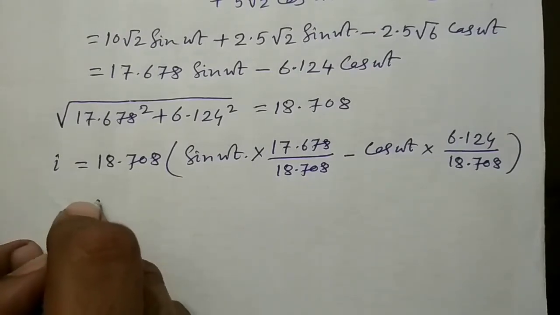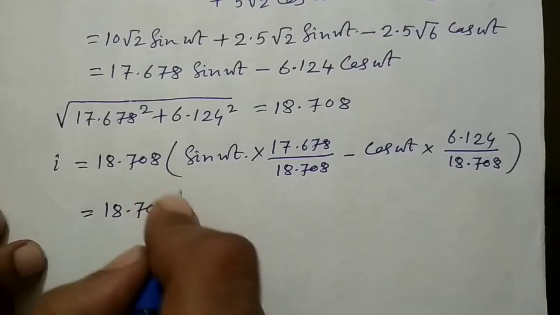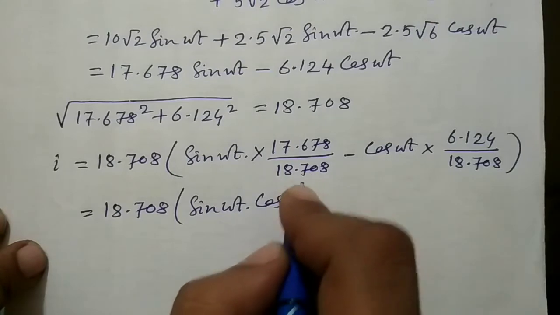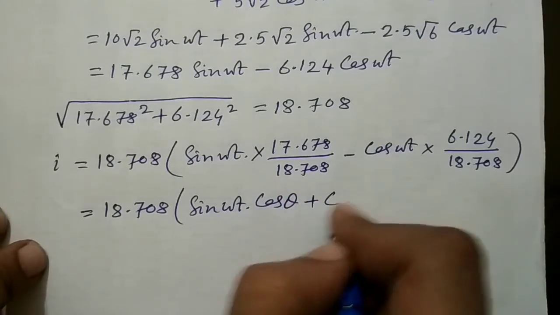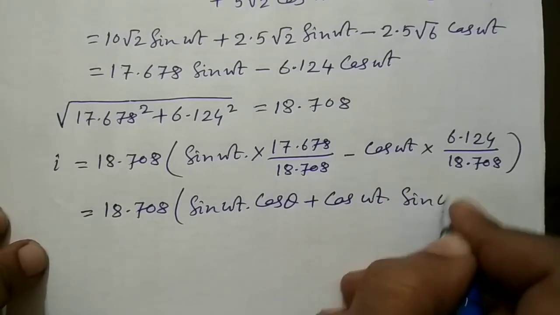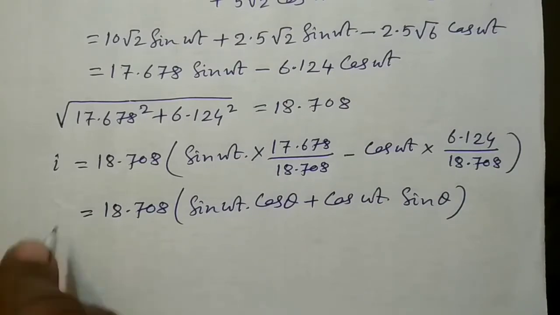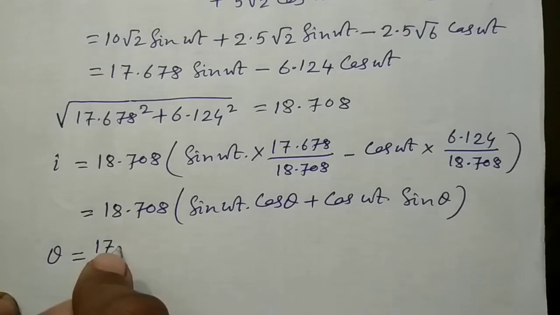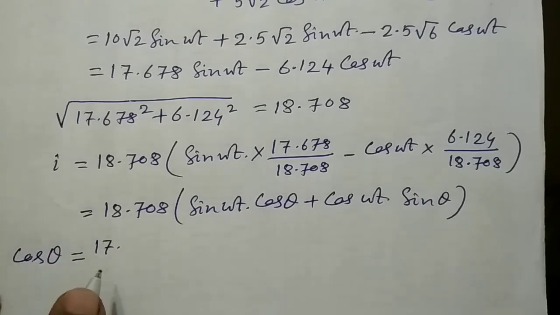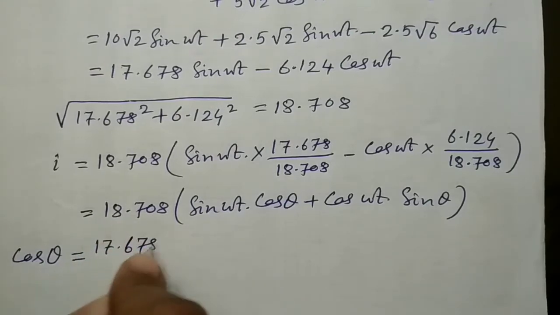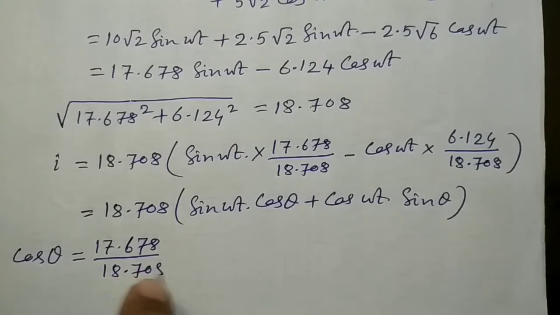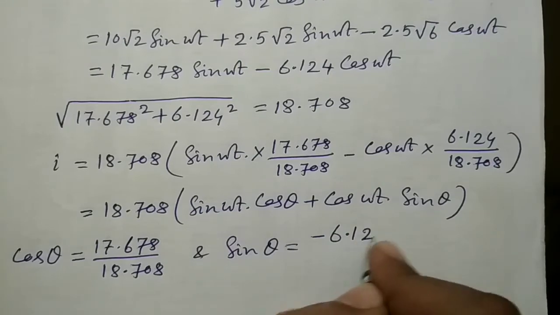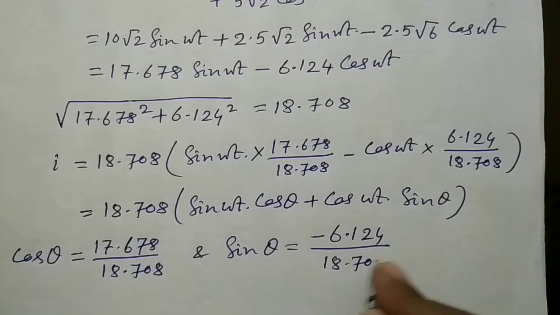So this can be written as 18.708 into sin omega t cos theta plus cos omega t sin theta, where cos theta is equal to 17.678 upon 18.708 and sin theta is minus 6.124 upon 18.708.